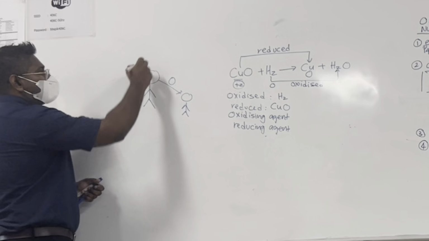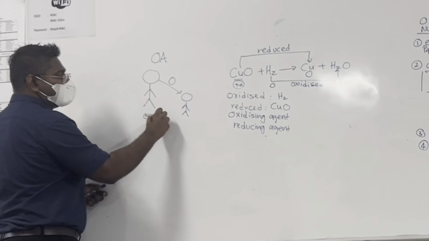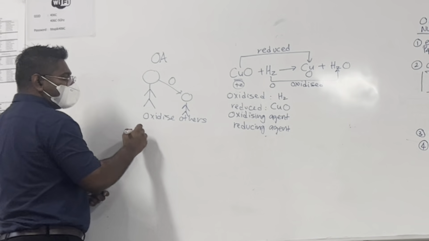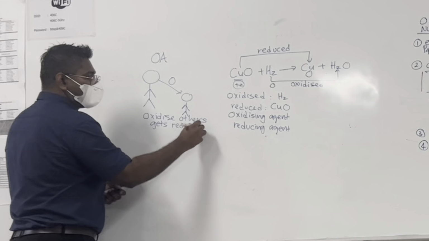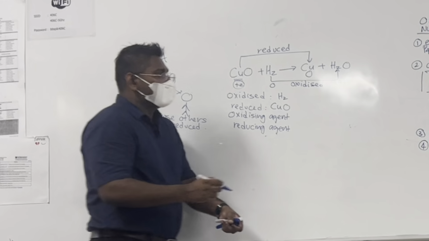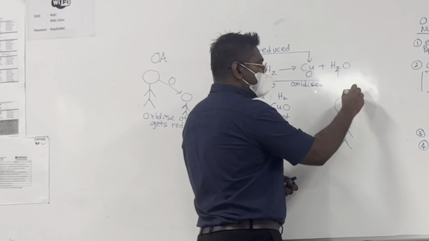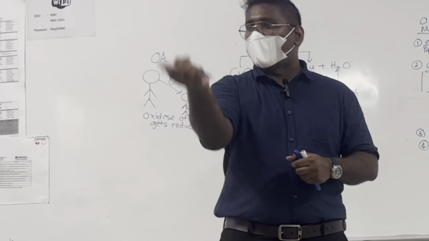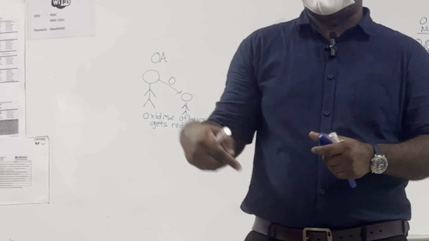So it means oxidizing agent is going to oxidize others, but at the same time gets reduced. The same thing with reducing agent: it is going to reduce others, and at the same time they are going to get oxidized.